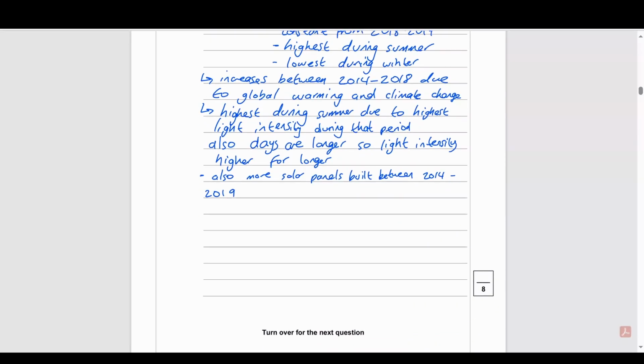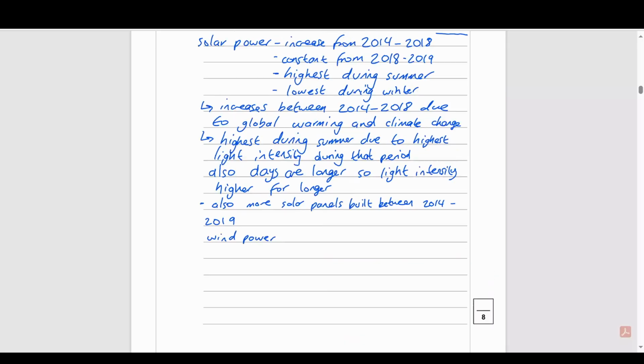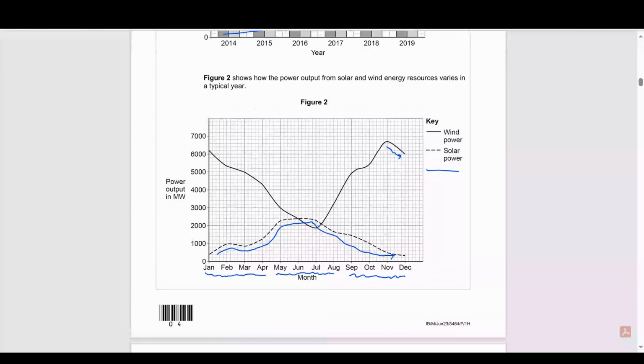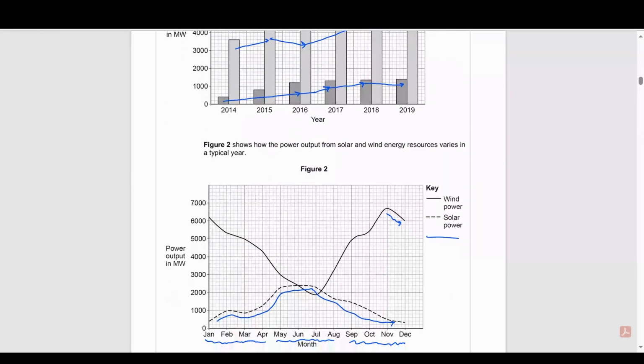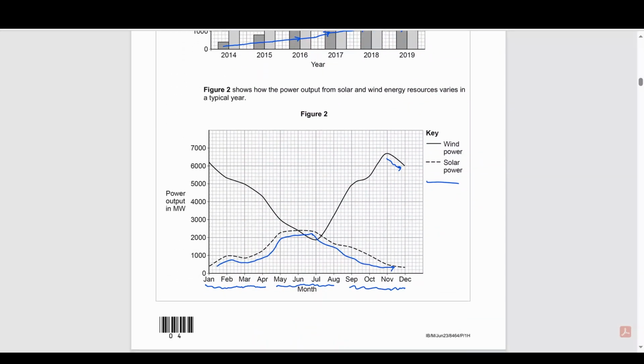Okay, let's discuss our wind power now. So what do we notice for wind power? We noticed there was a fluctuation between 2014 and 2016, and then there was an increase to 2019. But in a typical year, as we go from January to July, there's a decrease.